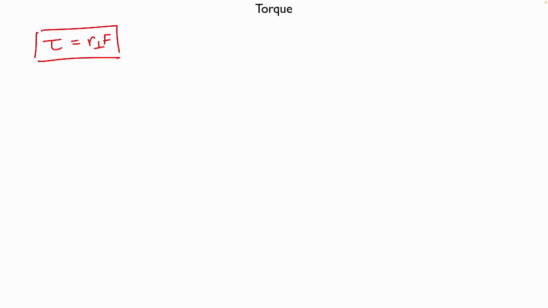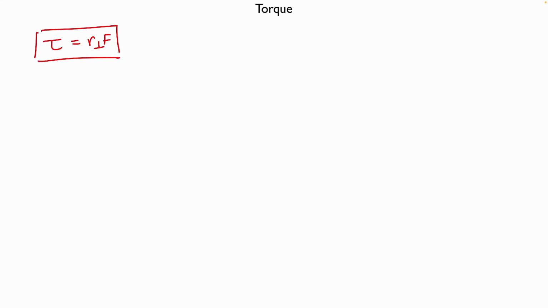You may or may not see that written in a book or online somewhere. There's a special physics notation in there. That upside down T between the R and the F means perpendicular to. So a torque is a distance and a force that are perpendicular to each other.